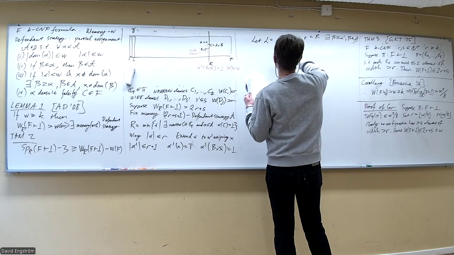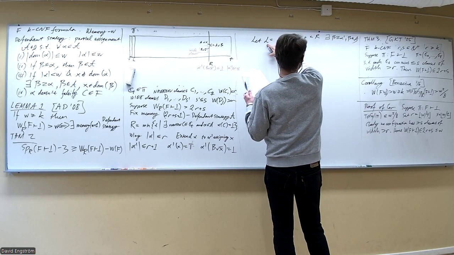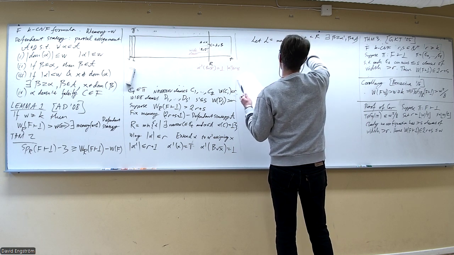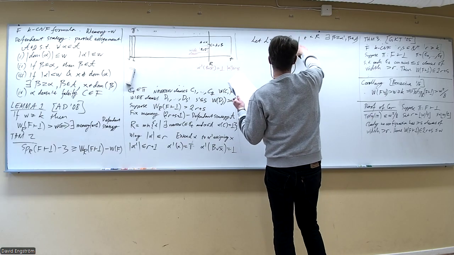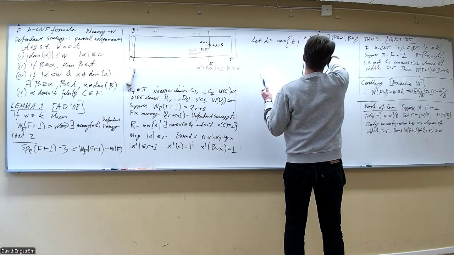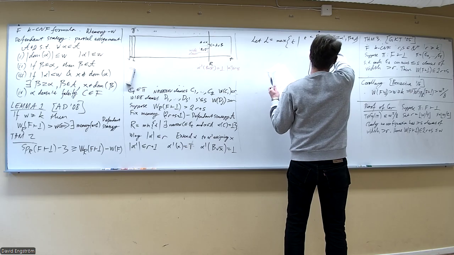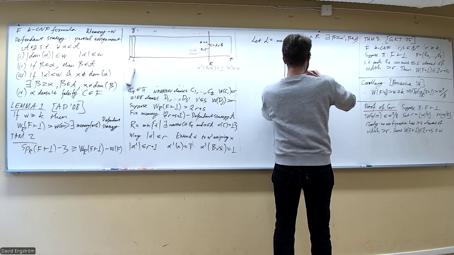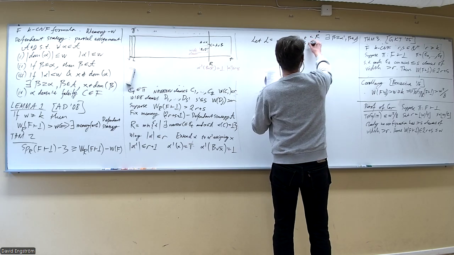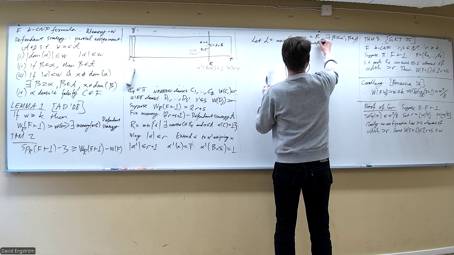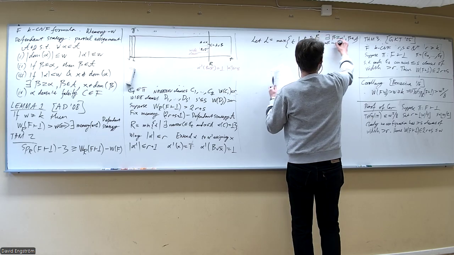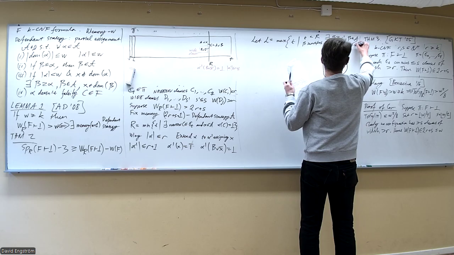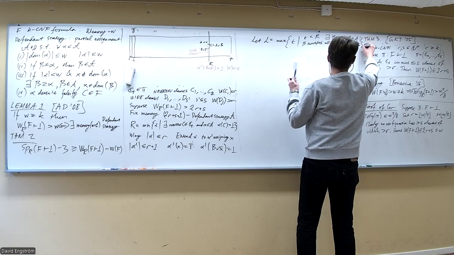I'm interested in the maximum L, the maximum T strictly less than R, so that I can find some assignment in the strategy such that beta actually satisfies all wide clauses in the configuration C_L.